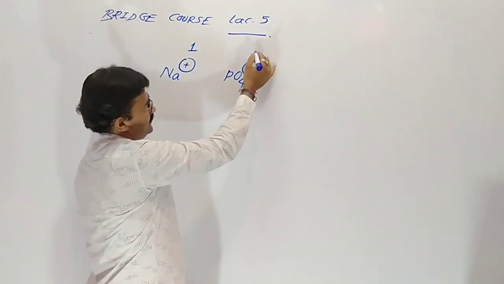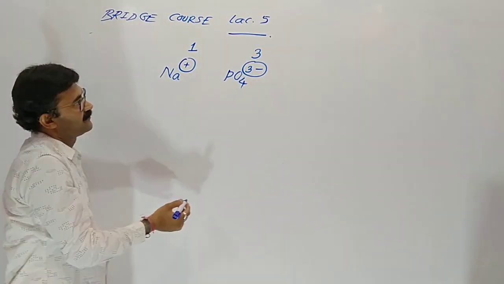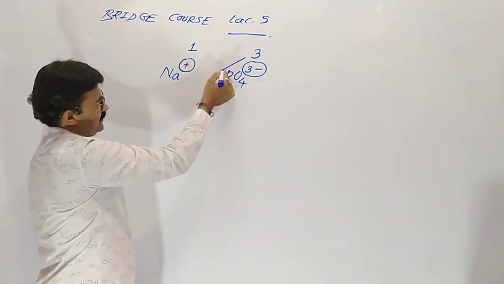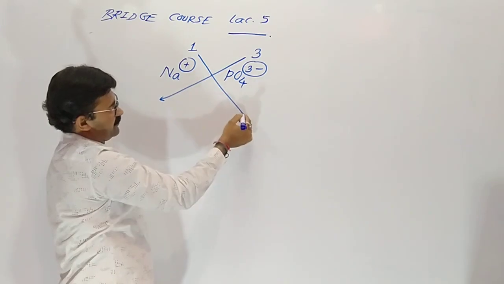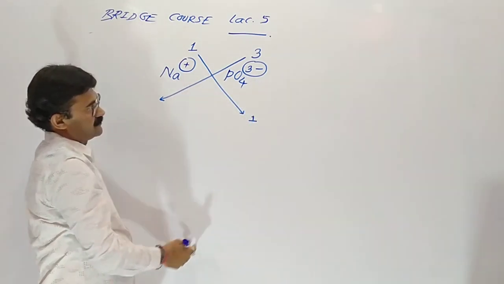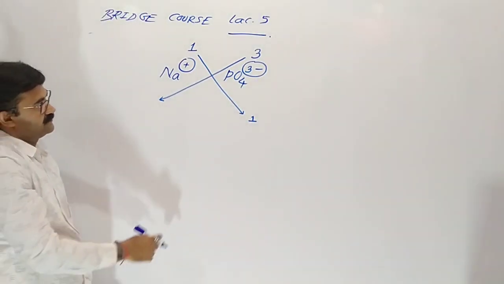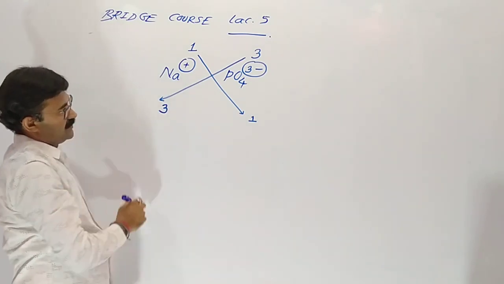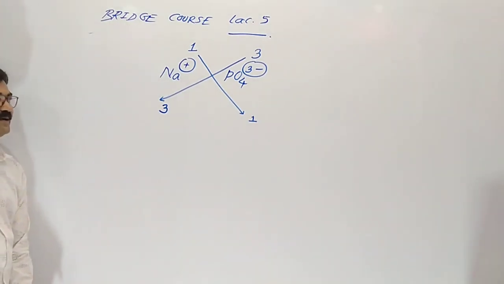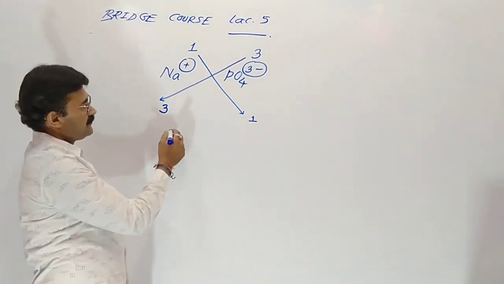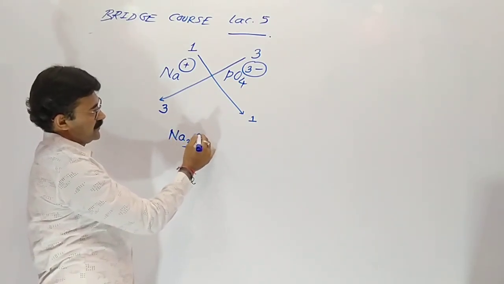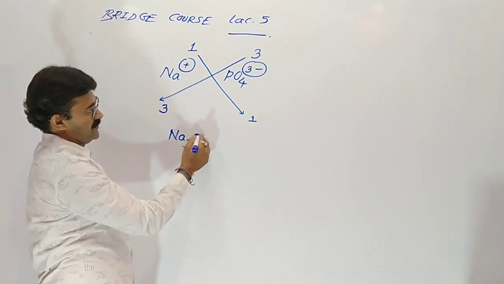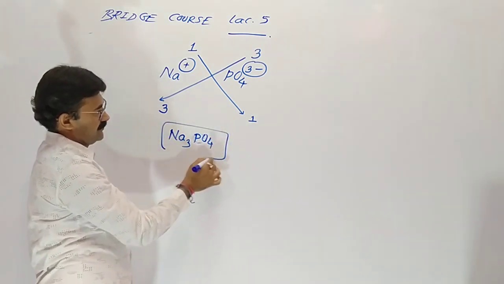Here minus 3, so here should be 3. So cross multiplication: 3 multiplies to sodium and 1 to phosphate. So sodium will be 3 times, phosphate will be 1 time. Na3PO4 is our formula.